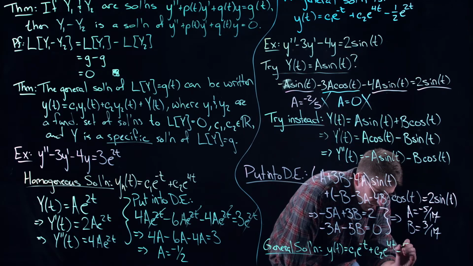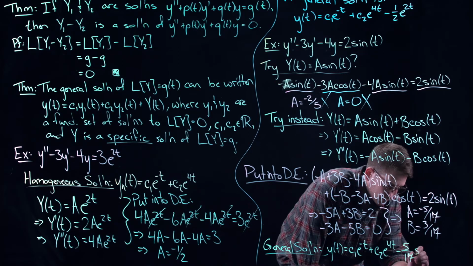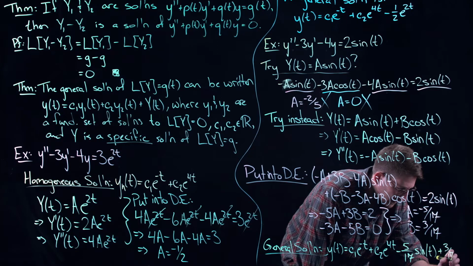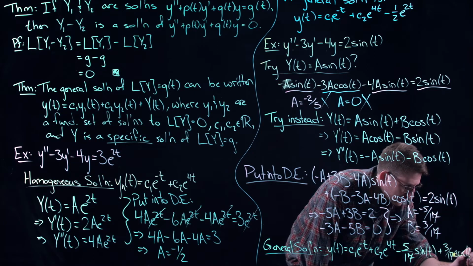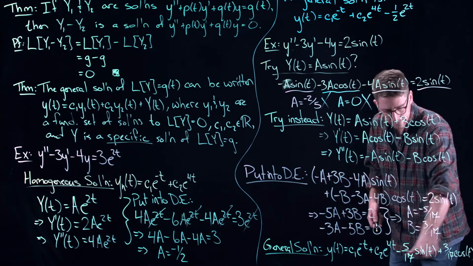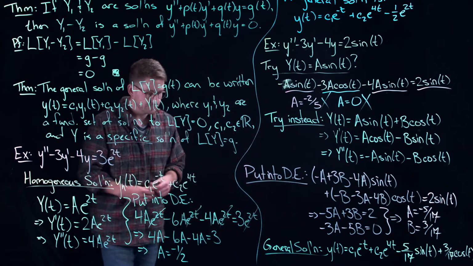So minus 5 over 17 sine of t plus 3 over 17 cosine of t. I'm just putting in those numbers that I found right here, a and b. That gives me my specific part of this solution.